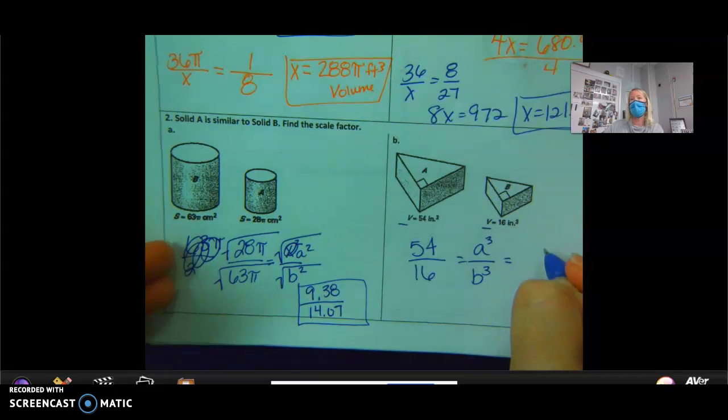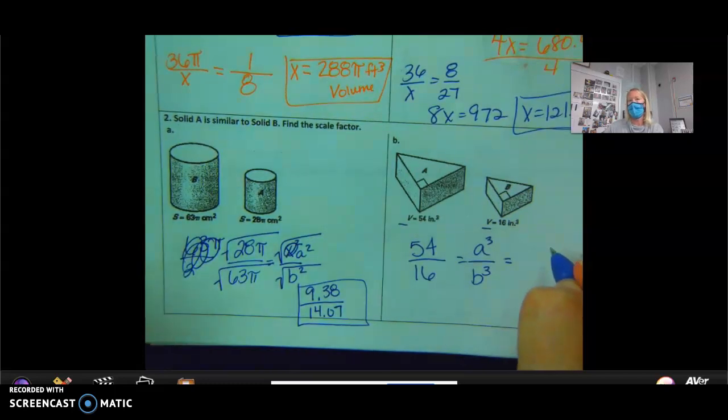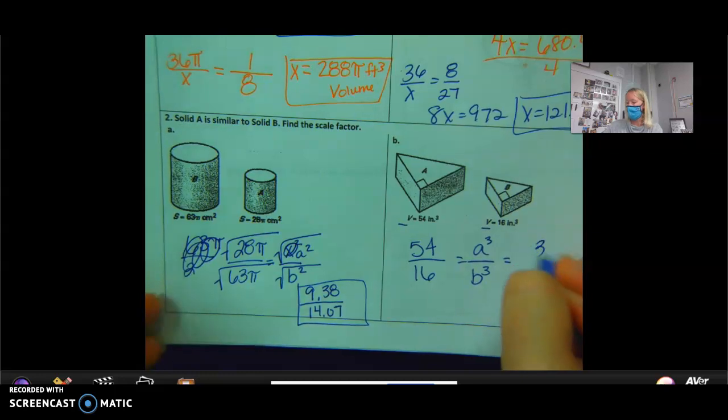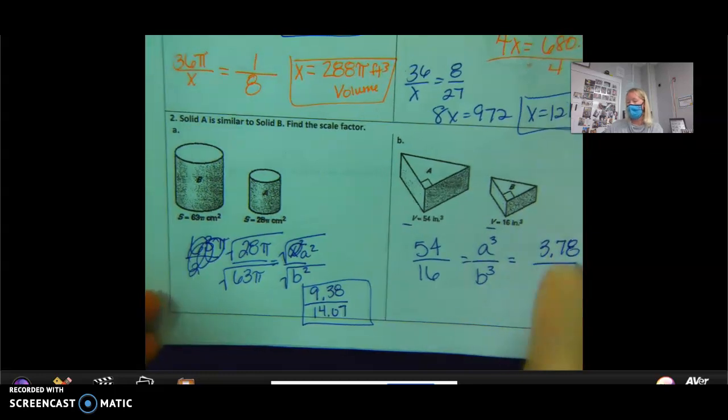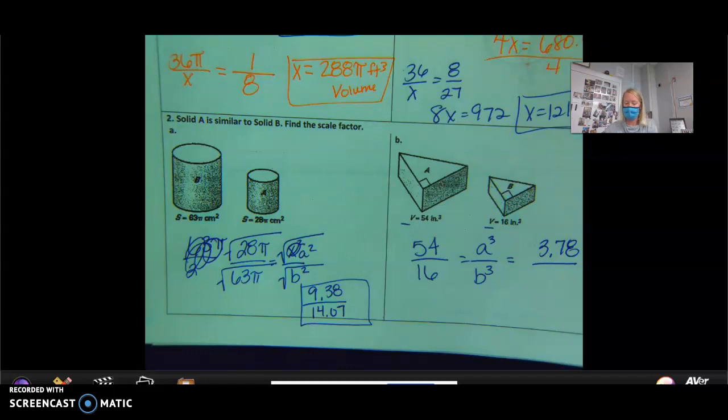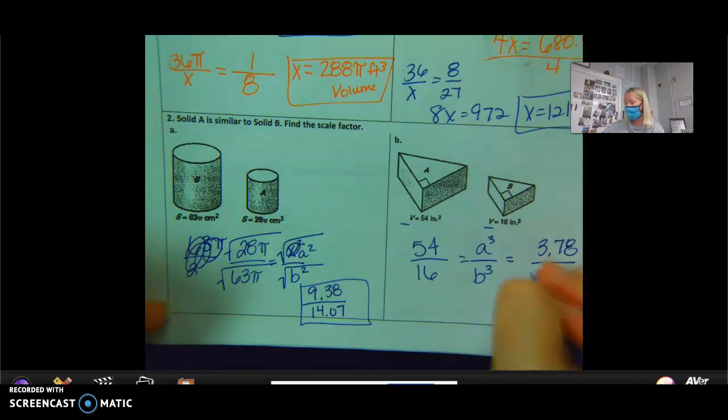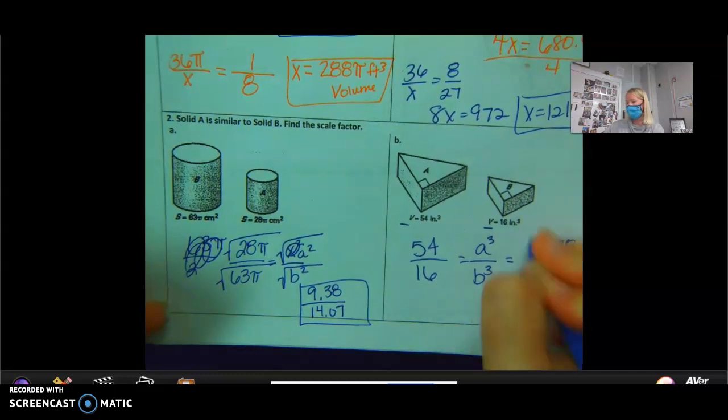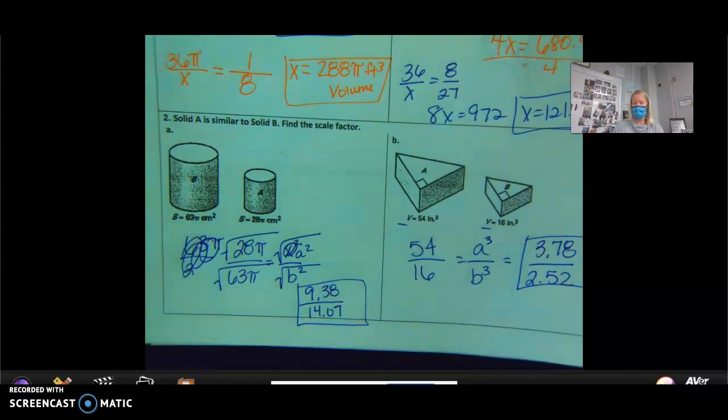It's a funky number. Anyone? Cubed root of 54? Do you know how to put that into your calculator? Yep. And the cubed root of 16? Good. Okay, so trying to straight up simplify 54 over 16, you get 27 over 8, which would be a cubed over b cubed.